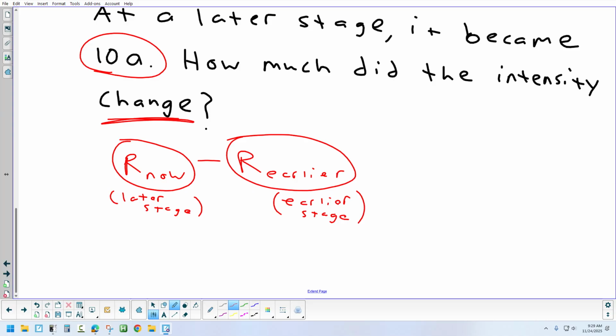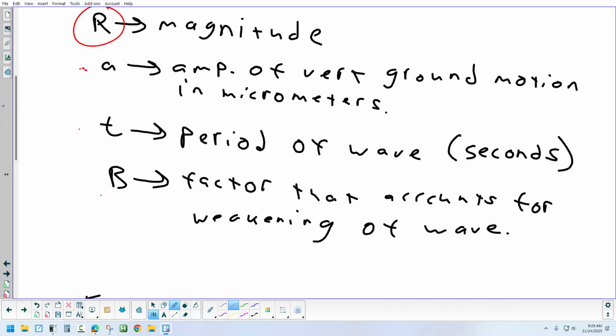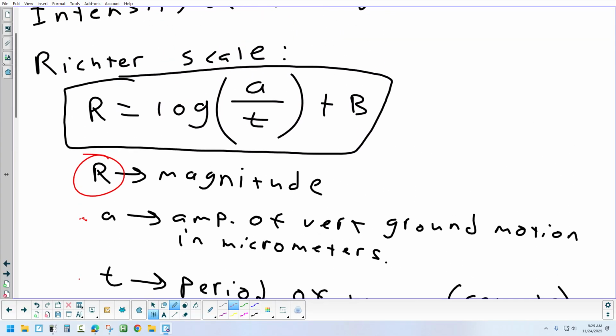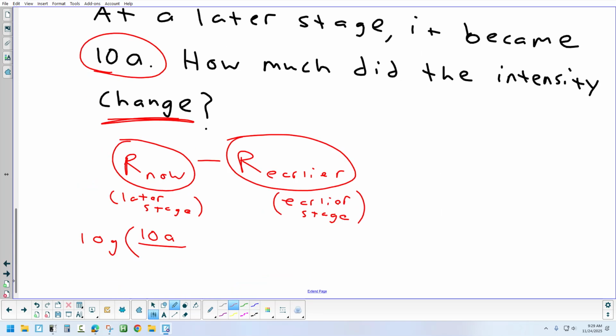Yeah, 10A. So log 10A over T plus B, because everything else is the same between the two measurements, the T and the B. So that's the calculation for the intensity at the later stage.